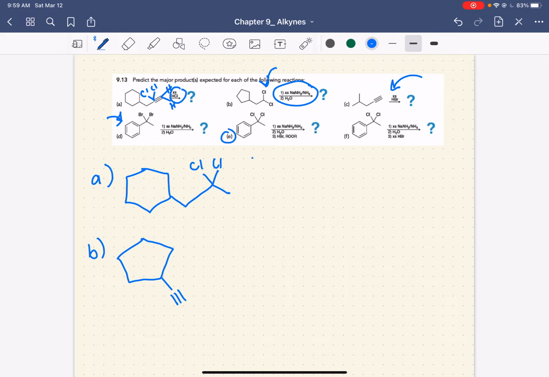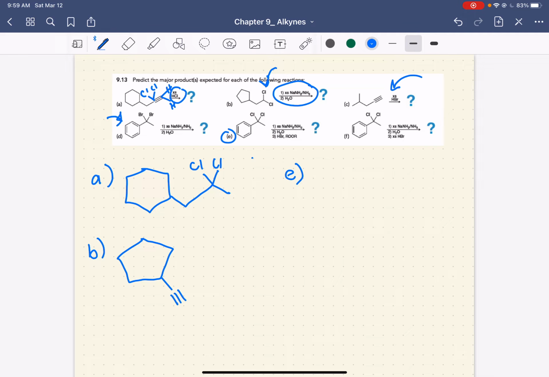Let's do E. This is going to be new. Here for E, the starting material is a geminal dichloride, and we're treating it with all the reagents we need to give us a terminal alkyne, sorry, triple bond, not alkene. The alkyne is then treated with HBr in the presence of peroxides.